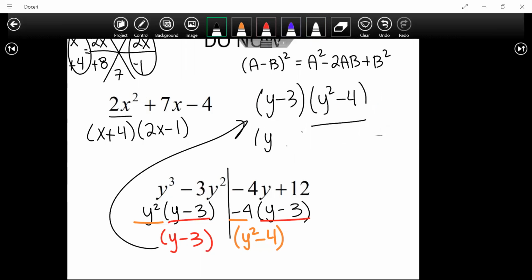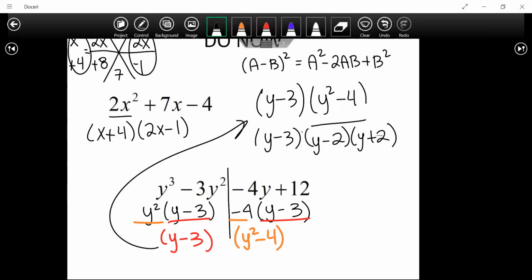So we're going to get y minus 3. And then we're going to get y minus 2 and y plus 2. Okay. So extra practice doesn't hurt. Definitely doesn't hurt. Cool beans?